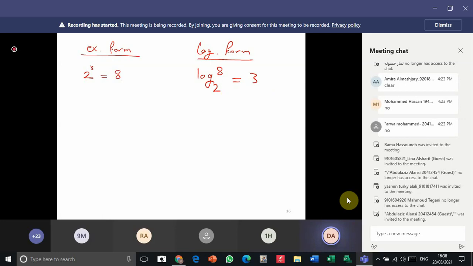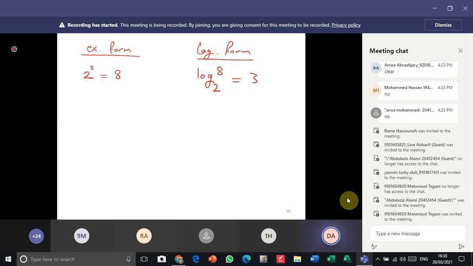Inside the logarithm, this is the argument, or the value of b to the power a, for example. And the base of the logarithm is the base in exponential form. So if we have a to the power b equals c, we can convert this to logarithm c to base a equals b.